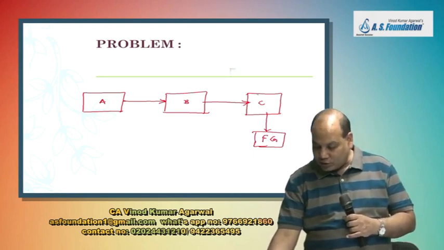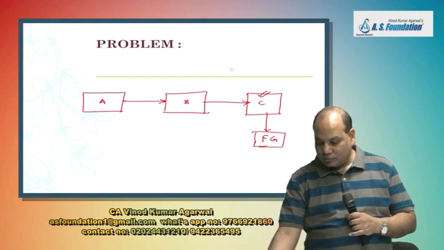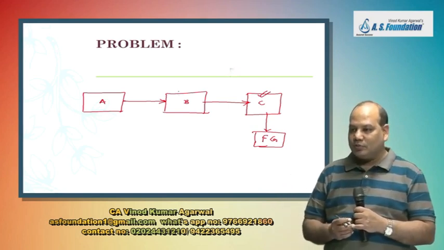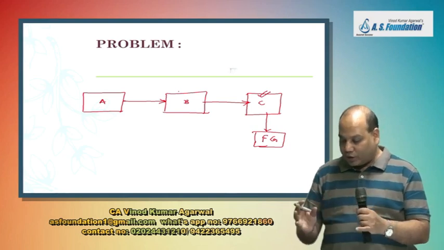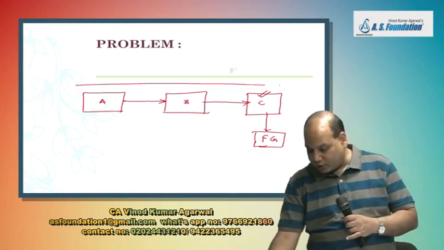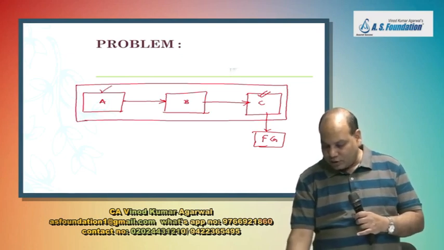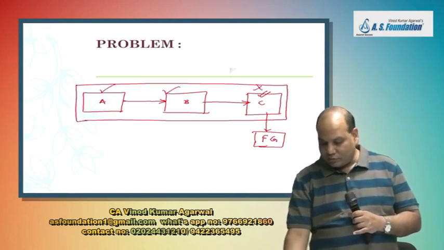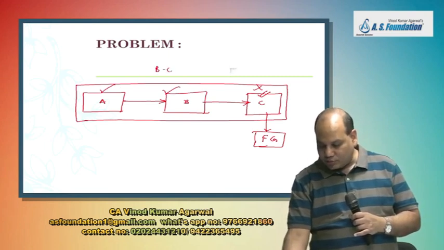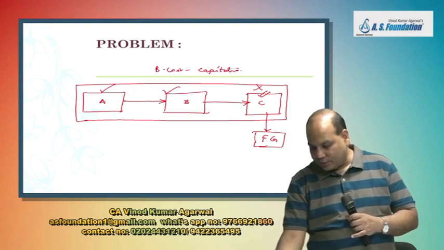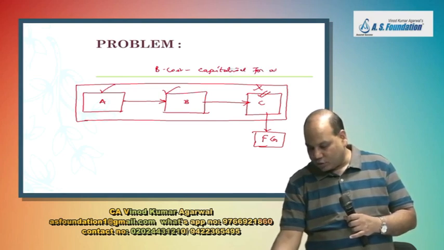So unless C is ready, even though A and B are ready, they are of no use. Now you have taken a loan for the entire factory, which has three processes: ready, ready, not yet ready. But borrowing cost will be capitalized for all three parts.